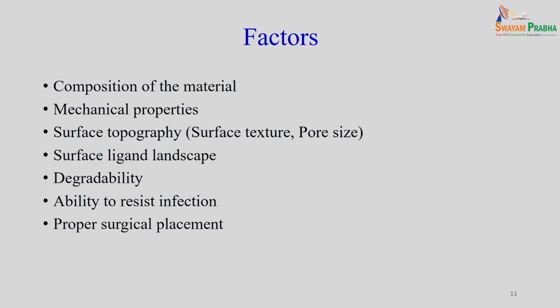The first thing is the composition of the biomaterial, whether it is toxic or with time it is releasing some toxic components. What is its mechanical property, whether it is similar to that particular body part where the biomaterial implant is placed, is there any mechanical incompatibility or not.